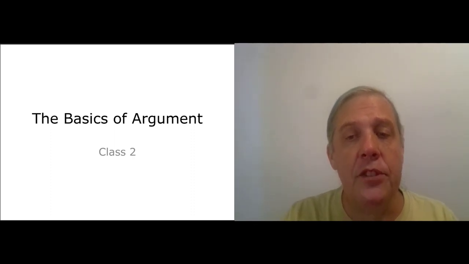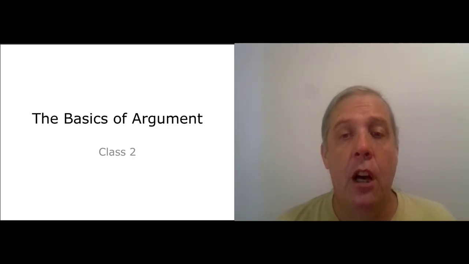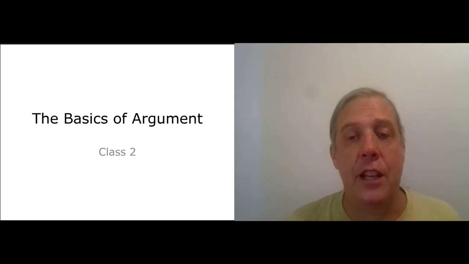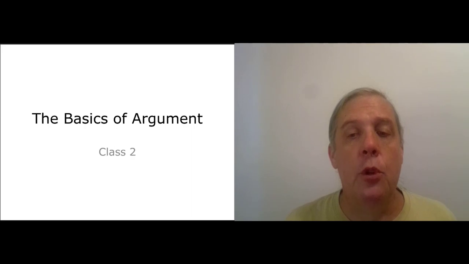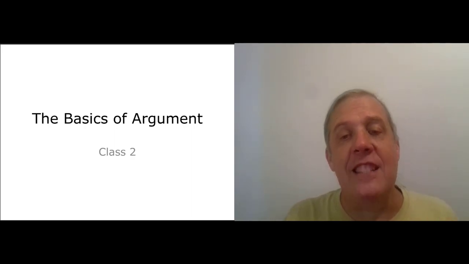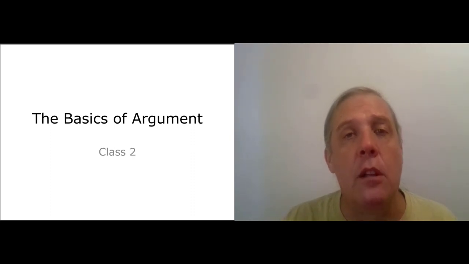So argument is the central idea in the traditional philosophical approach to critical thinking, but in many ways it remains the foundation of critical thinking even as we move through the other methods and disciplines. This is because this is the one part of critical thinking that focuses exclusively on how we find the truth.